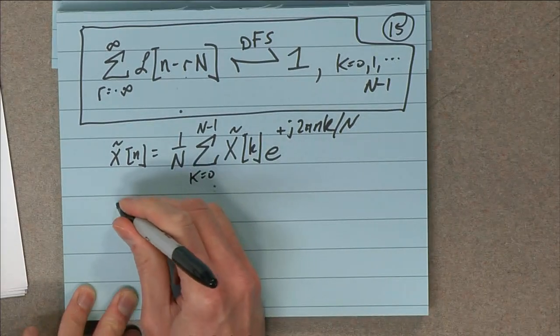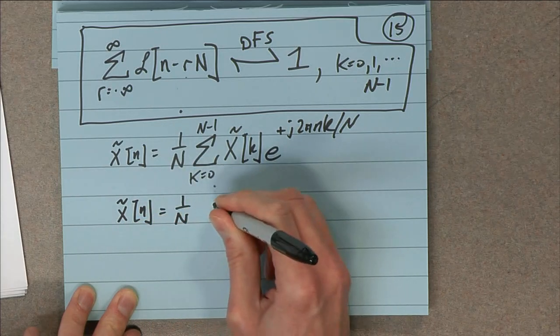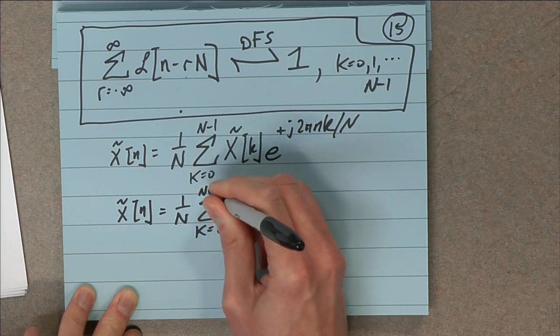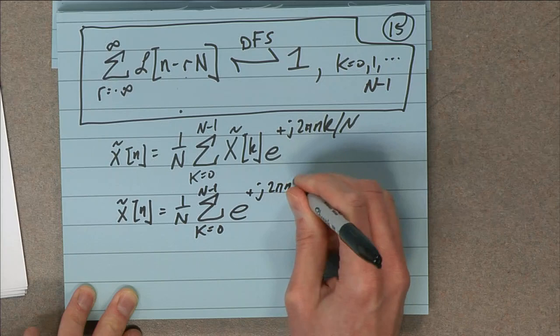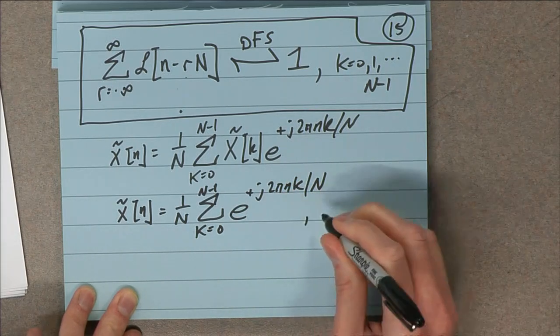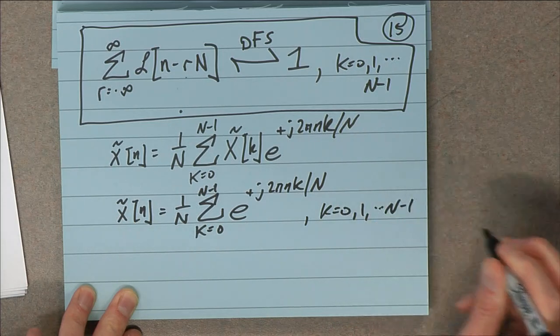So what is that telling us? That's telling us that this is the situation: the sum over k equals 0 to N minus 1 of e to the plus j 2 pi n k all over capital N, for k equal 0, 1, dot, dot, dot, N minus 1.